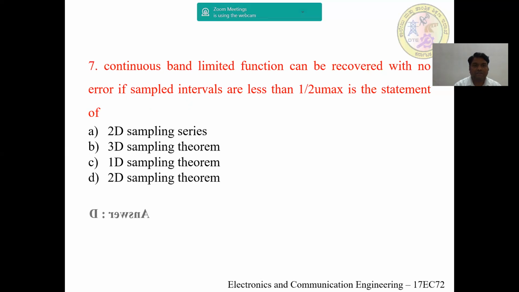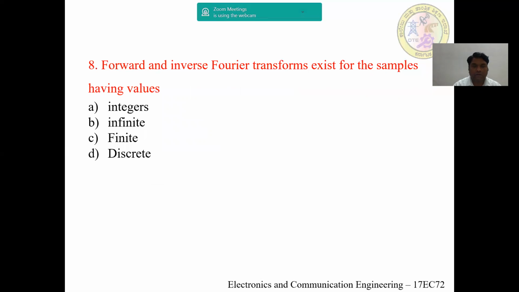The answer is 2D sampling theorem. Forward and inverse Fourier transforms exist for the samples having values integers, infinite, finite, discrete. Answer is finite.